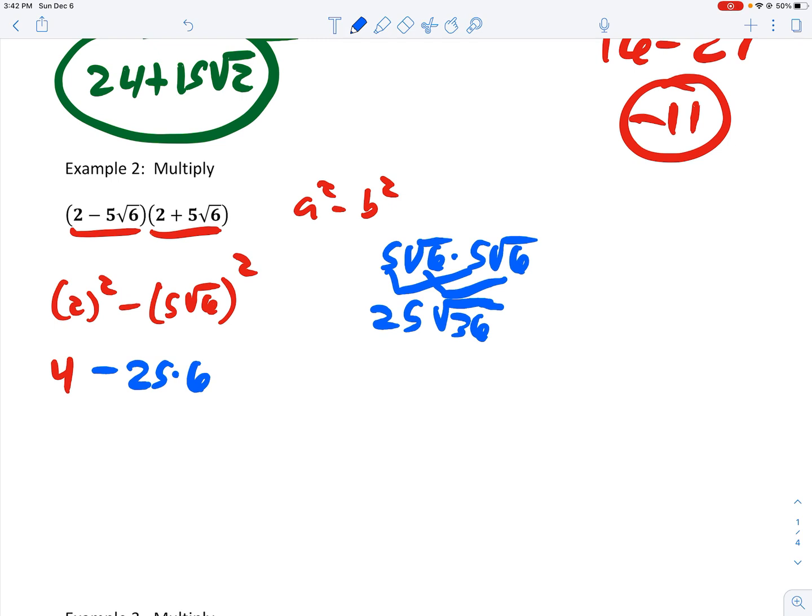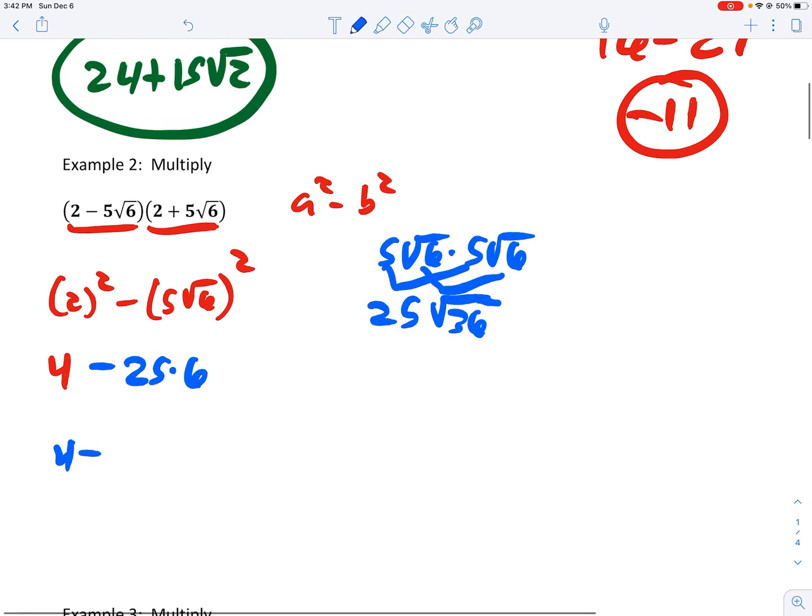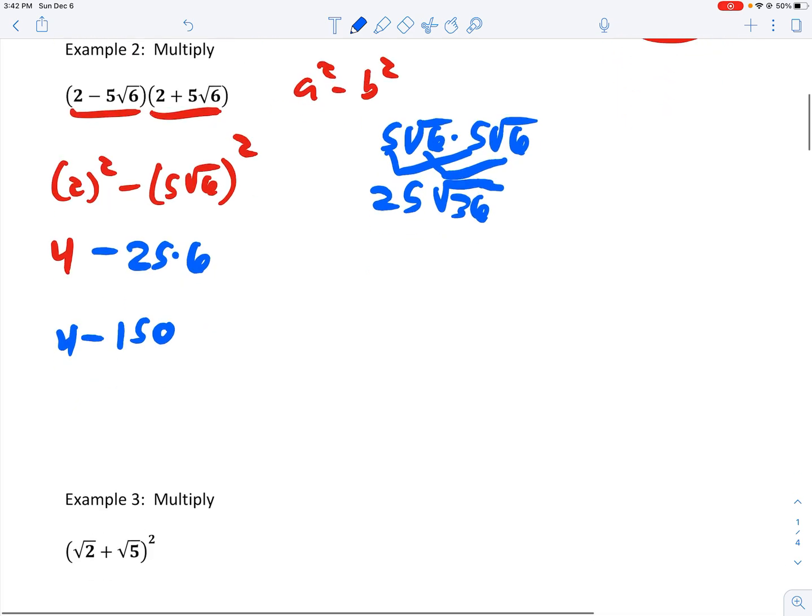Because of the order of operations, PEMDAS, we have to do our multiplication first. So that's 150. So we get minus 146.